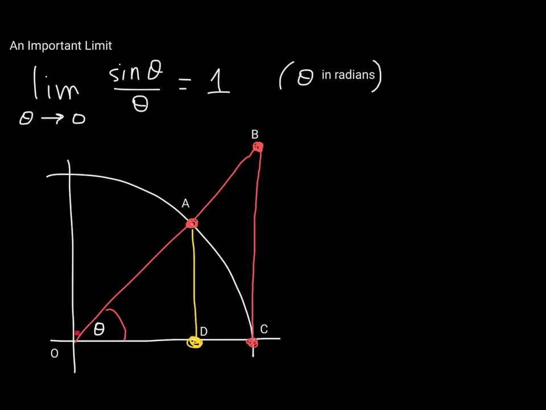We have triangle OBC and we have triangle OAD. Something else I would like you to see is the sector OAC, this sector here. So that's a sector of the circle. All right, cool.